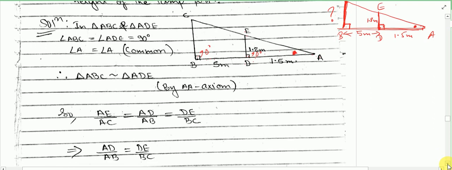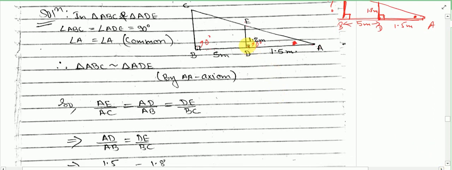Here we are looking for BC, so we have to take the ratio that involves BC. Here BD is given to us, AD is given to us. Since BD and AD are given, that means AB is also given, so we have to consider AD upon AB.